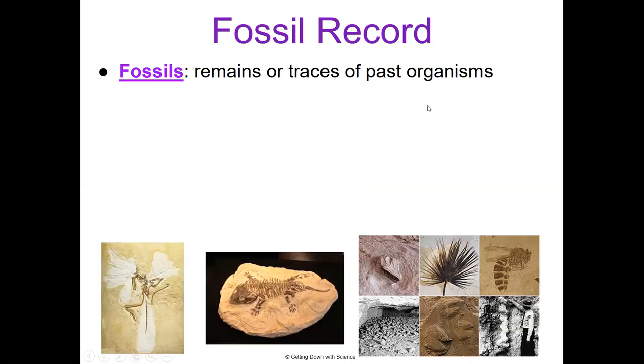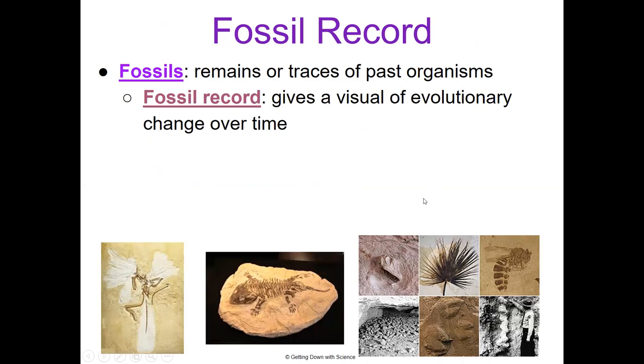We only get fossils for those organisms who ended up in just the right situation and conditions to leave these remains. So the fossil record is giving us a visual record of evolutionary change over time. We can find different types of these organisms and see how they've shifted and changed.